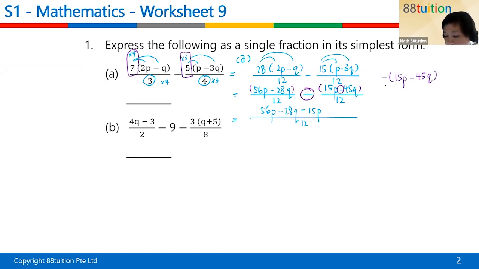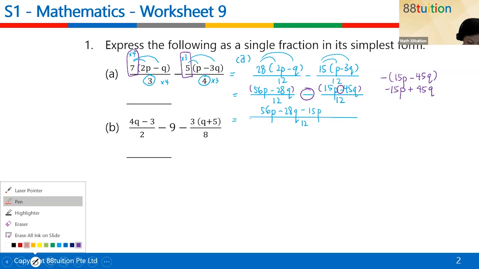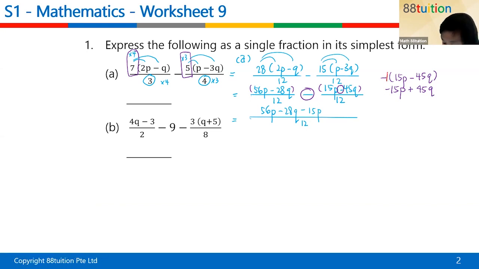Correct or not? So when I open the bracket it is minus 15p, and I have to change the sign because negative and negative give you positive. It is plus 45q. If you cannot understand, then probably I do another one for you. Can I say this is minus 1 here? It's one whole of the bracket. So if I multiply this, I'll get minus 15p.